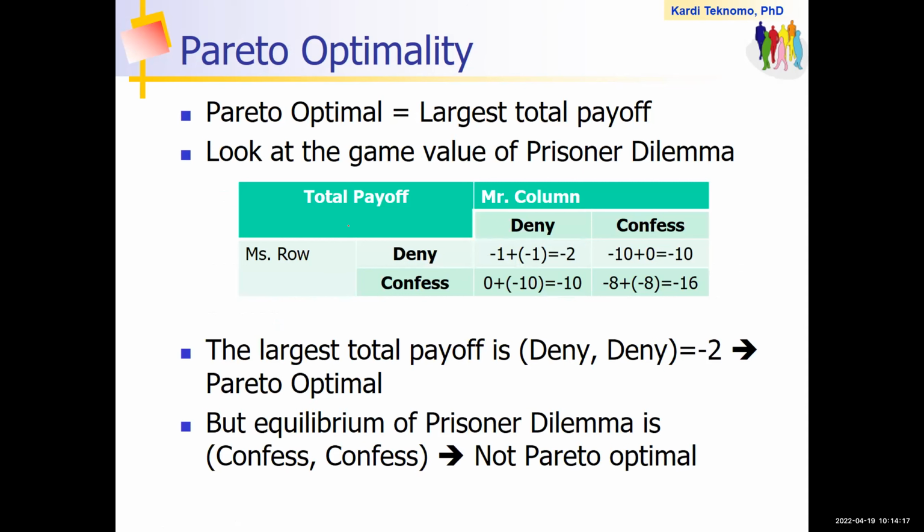So in our game, the total largest payoff will be the Pareto optimal. In this case, you just sum, and you will get this one is actually the total largest payoff, which is -2. So deny is the Pareto optimal. Okay, but our equilibrium is in confess. So clearly, prisoner dilemma game is not Pareto optimal.